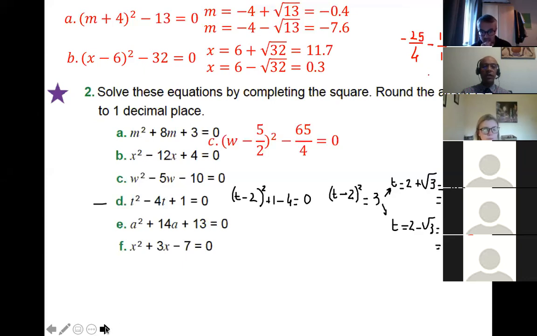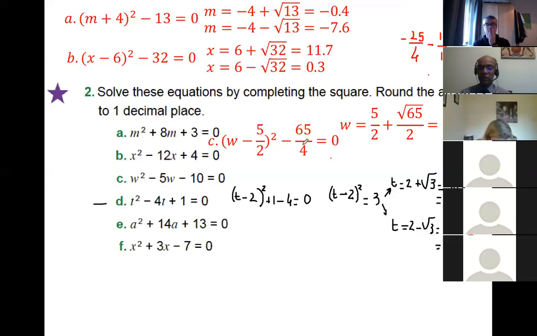So cross and smile, if that's the method that you want to use. So let's see. w minus 5 over 2 squared minus 65 over 4. Then the 65 over 4, we add plus 65 over 4 on both sides. And the answer would become 5 over 2 plus or minus root 65 over 2.